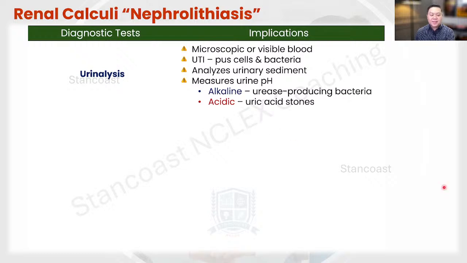Now, the next study that we need to anticipate here is the collection of urine, and this is intended for culture. And we're going to conduct this if we are suspecting any kind of infection, and we can detect what kind of causative bacteria is in the urine, right?